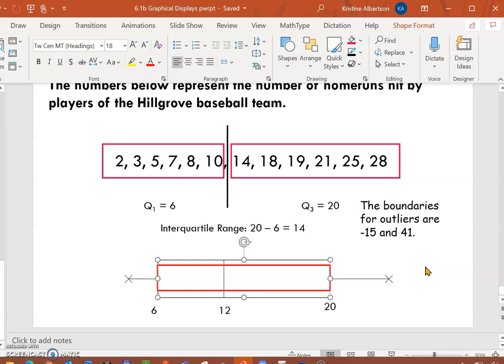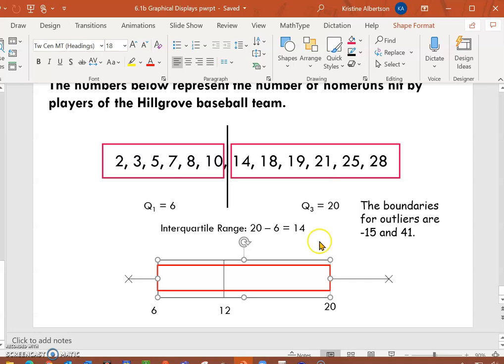All right, so now we're going to look at outliers. The way we find outliers is we take the interquartile range, which is 14, and we need to multiply that by 1.5. The easiest way to do that is to take half of 14 and add it back. So if we want 1.5 of 14, then we're going to take 14 plus 7, which gives us 21.